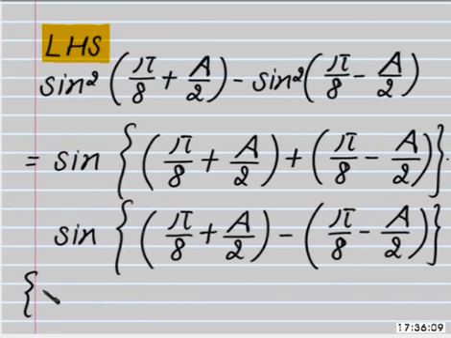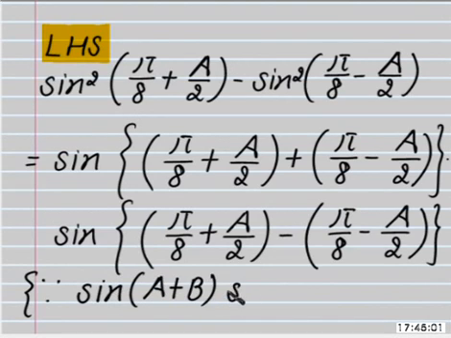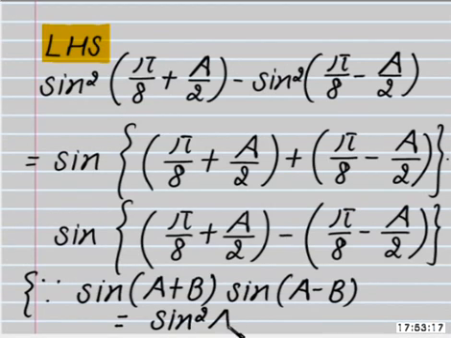That is, we're using this formula, sin of a plus b into sin of a minus b is equal to sin square a minus sin square b.